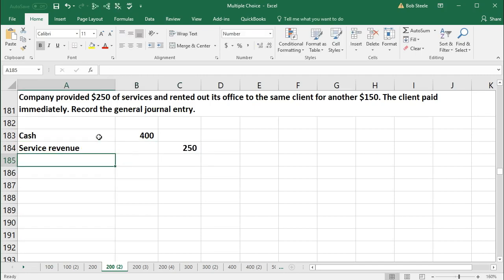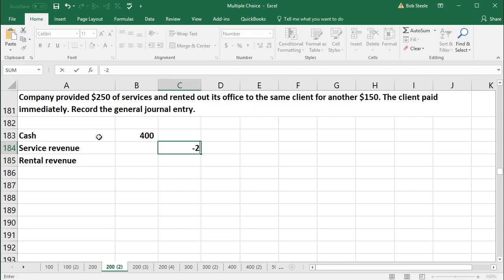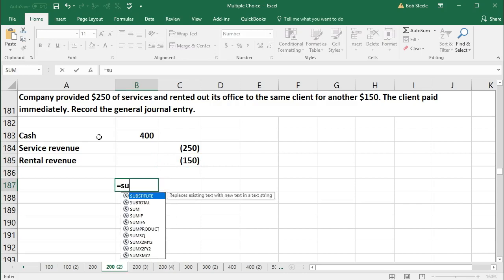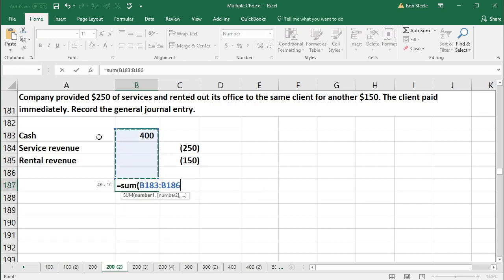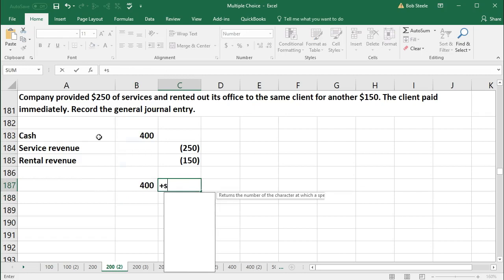It might be called whatever they do revenue, but it'll be some type of revenue. They may even call it income, but it'll typically be something with the term revenue in it. And then the other one's probably going to be called rental revenue. And that's going to be the credit. I'm going to put the credits in there as negatives and 150 there. So then we can see that, of course, the total debits equal the total credits.